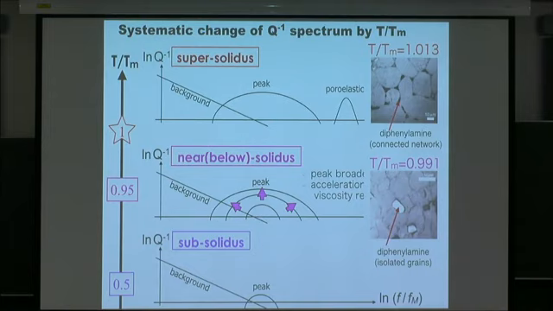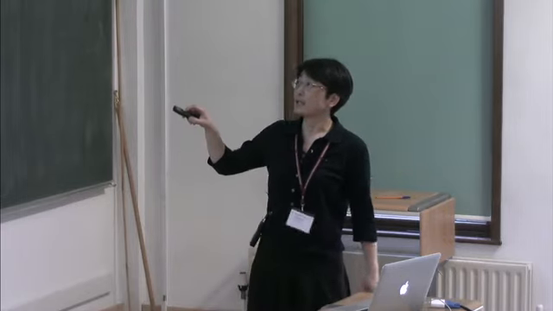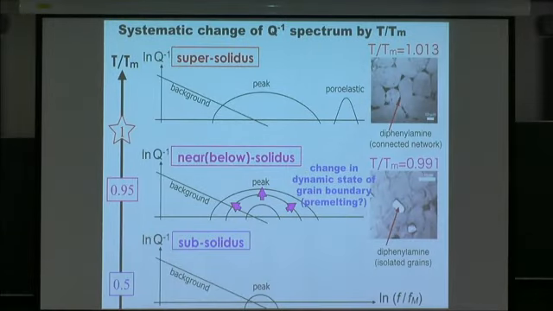And because the peak center follows the Maxwell frequency scaling, diffusionally accommodated grain boundary sliding may be playing an important role. So we consider that the dynamic state of the grain boundary changes at this homologous temperature.